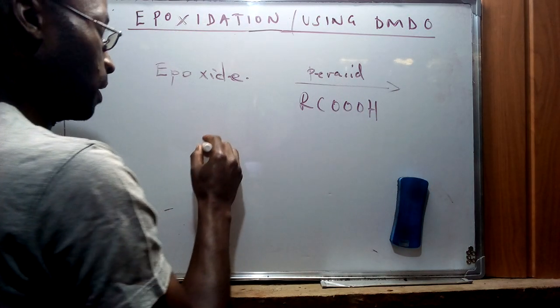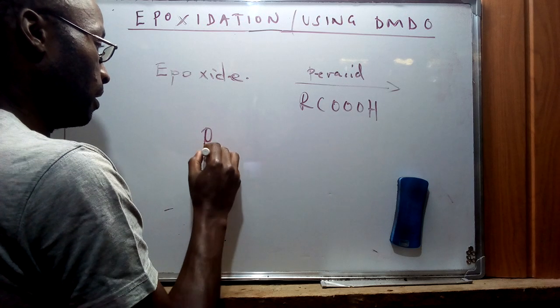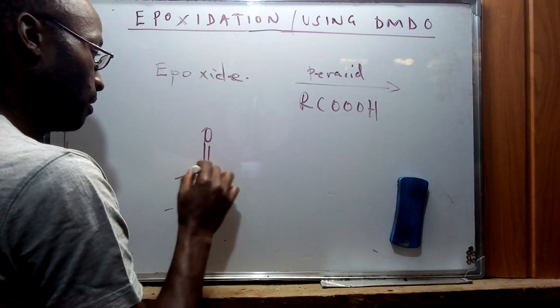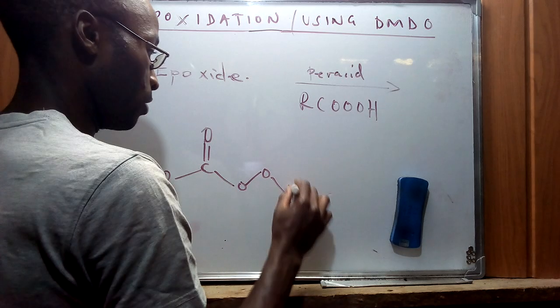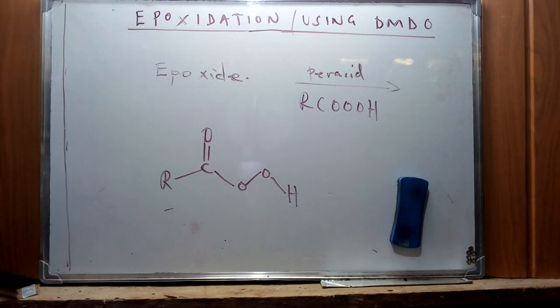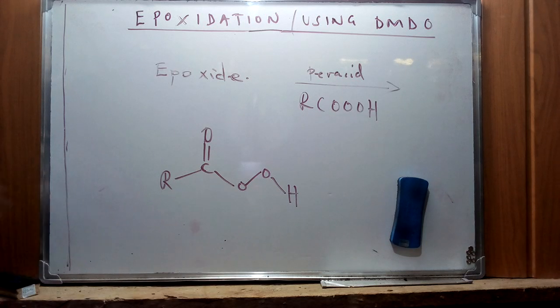This peracid is a compound of a carboxylic acid nature, but it consists of an extra oxygen in its structure. Then we looked at the mechanism of rearrangement that this peracid undergoes in order to form the final product, or initiate the process of epoxidation.